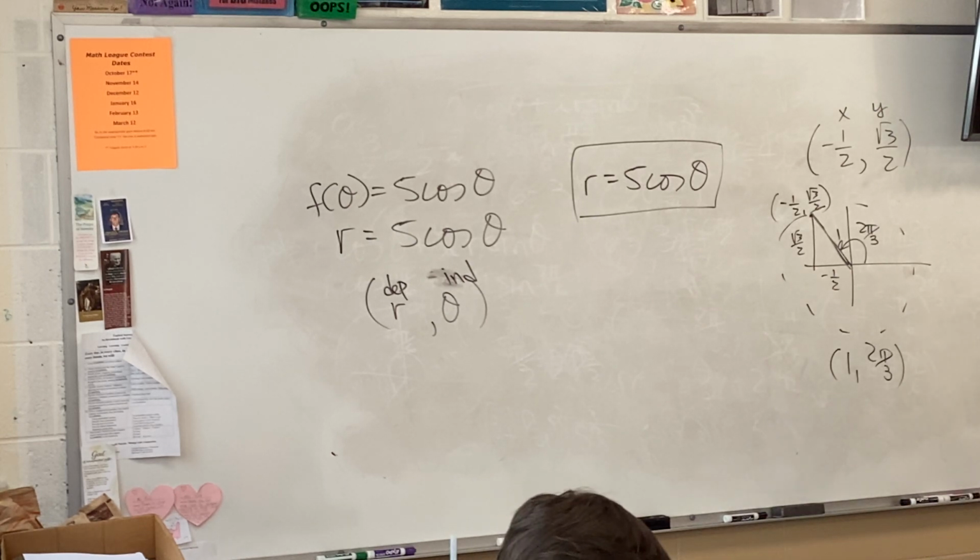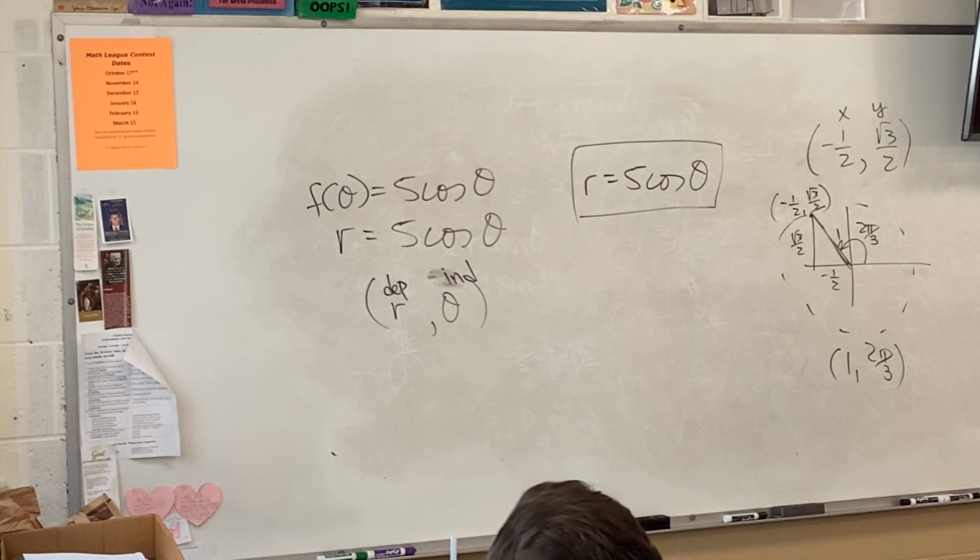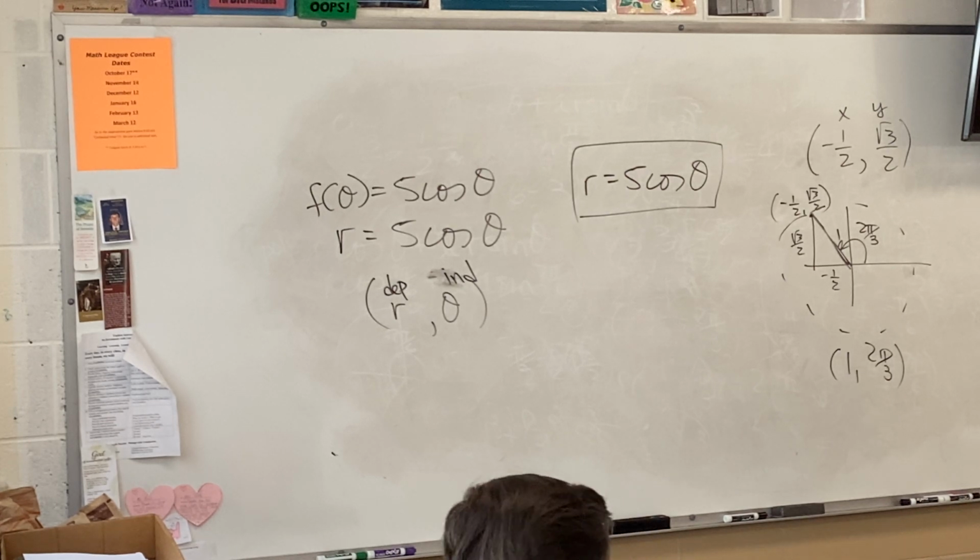X min, X max. Now, kids, we are graphing in polar coordinates, but what shape is your screen? A rectangle. So we have no choice. We have to tell it how wide and how high we want our window.